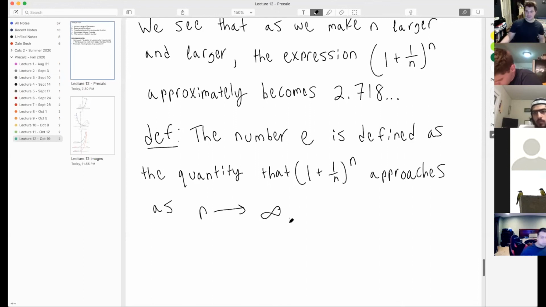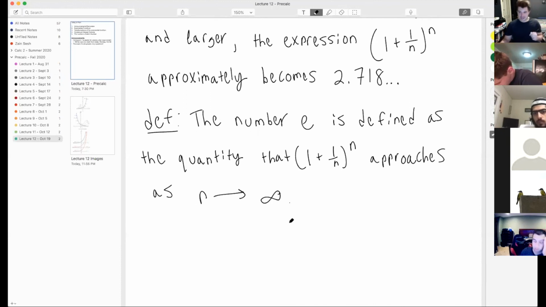So as you let n tend to infinity, as you let n get really, really big, this quantity, 1 plus 1 over n to the nth power, will approach some number, and that number we call E.